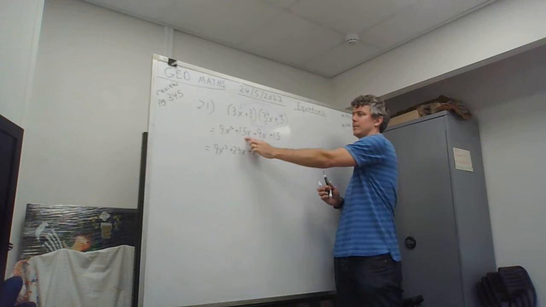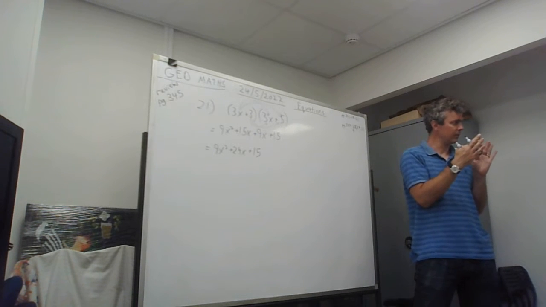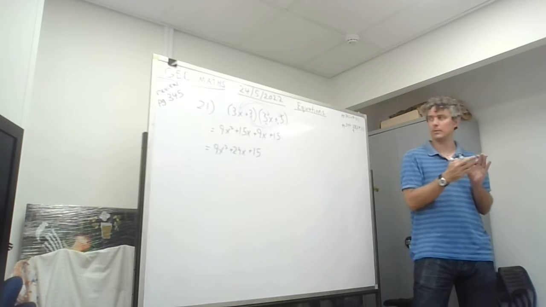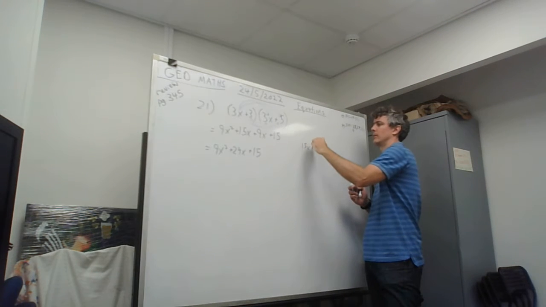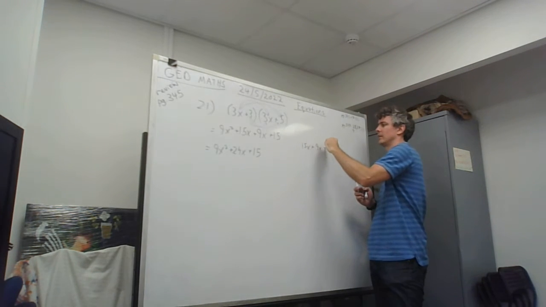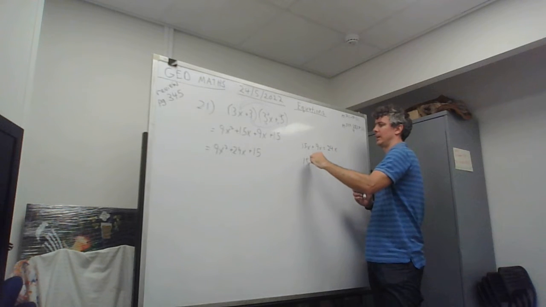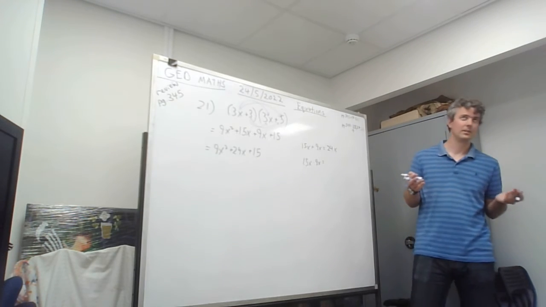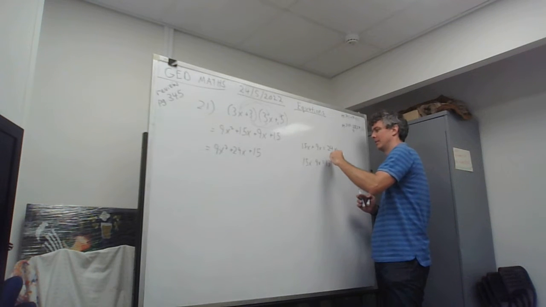Because this is plus, x plus x. When we add terms, we don't increase the powers. When we multiply terms, we increase the powers. So 15x plus 9x equals 24x. But 15x times 9x equals 9 times 15, which is 135, and x squared.